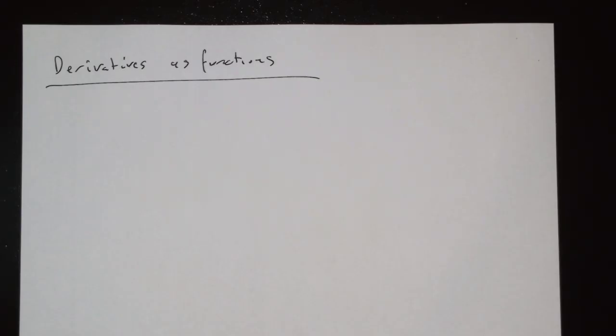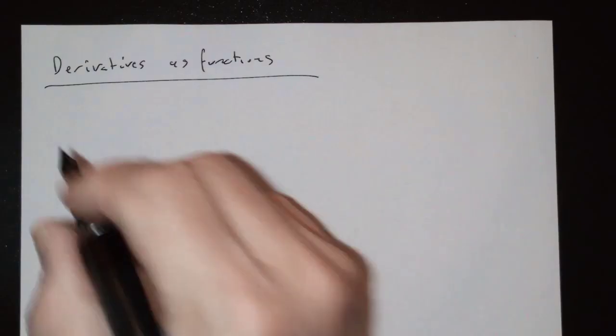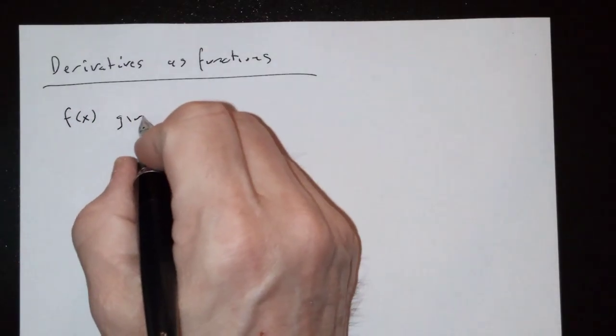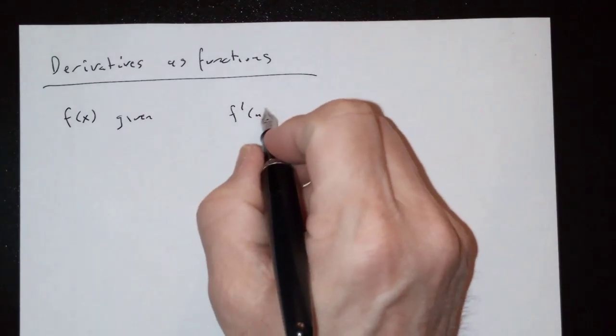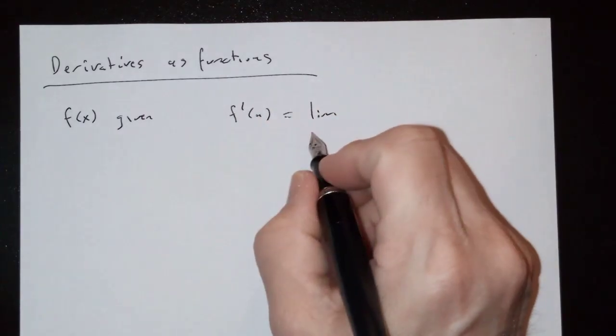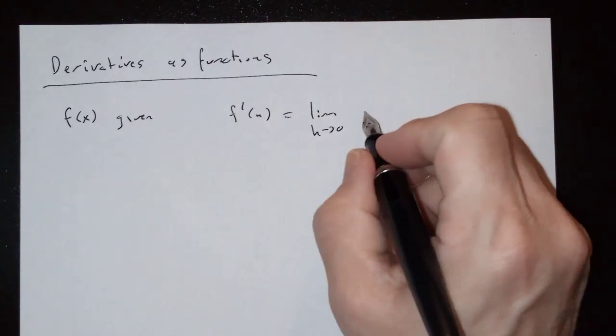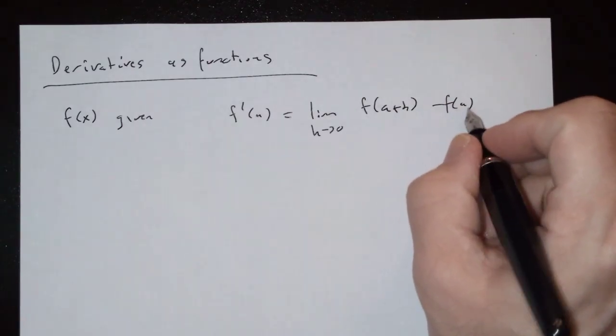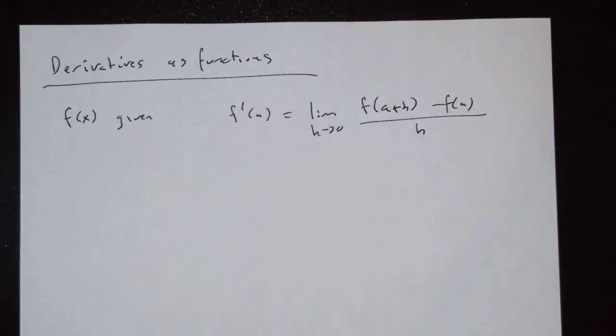We were writing f prime of a, given our function f of x, we wrote f prime of a as this limit as h went to 0.